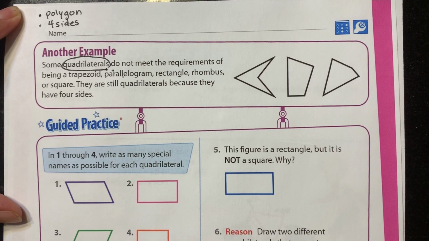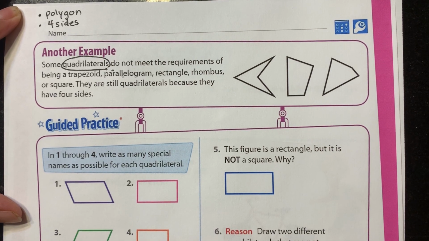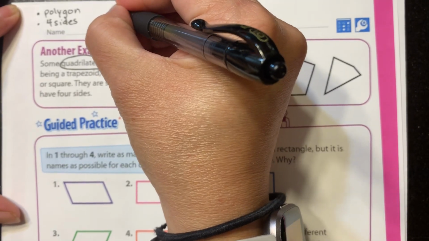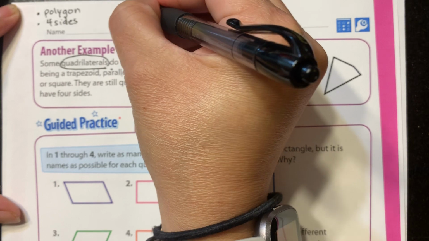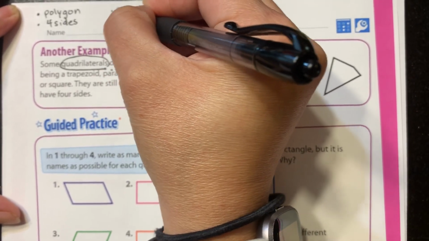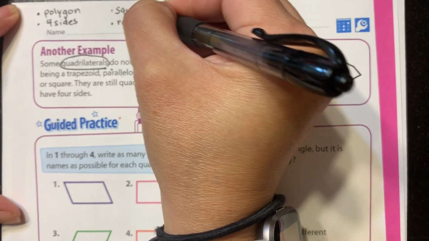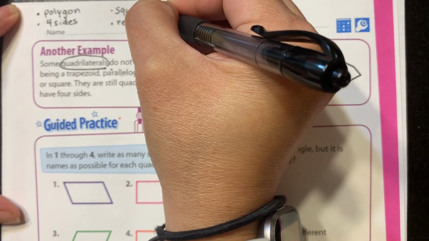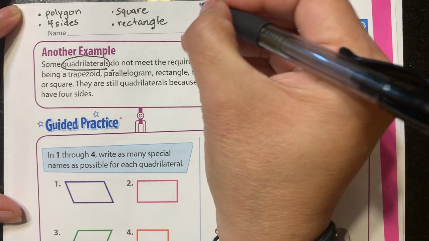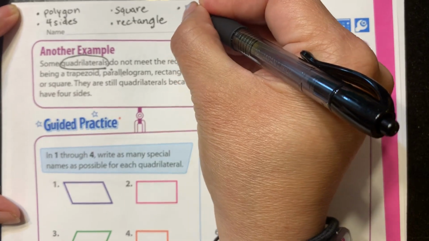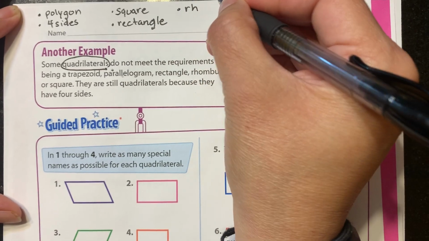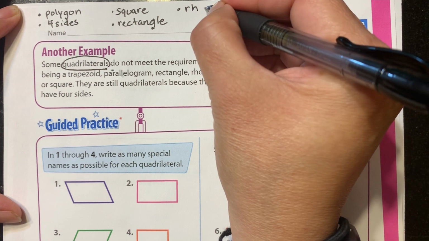And there are a lot of shapes that have those attributes. Number one being the square. Another famous one is the rectangle. And then there is the rhombus, and I'm going to write it right here next to the square because the rhombus has the same attributes as the square.